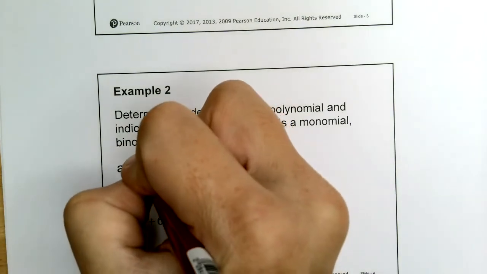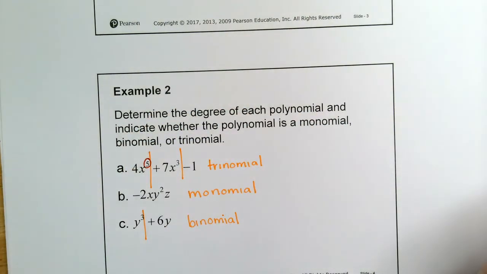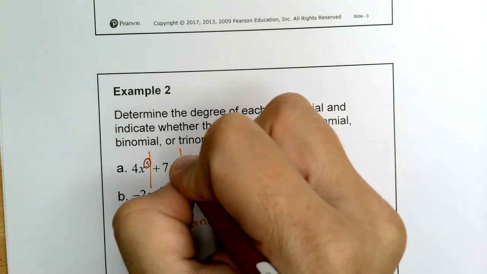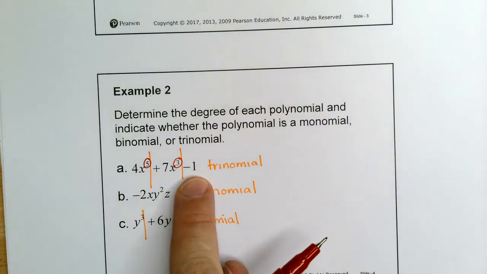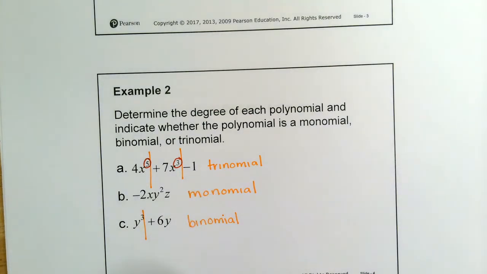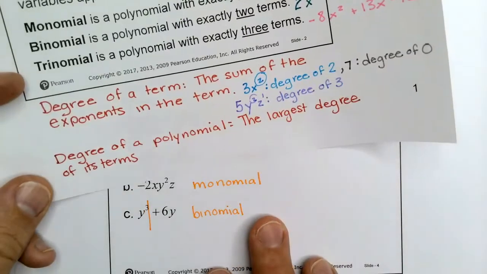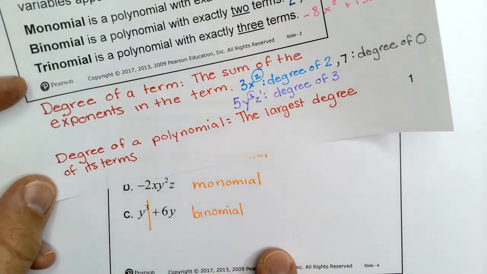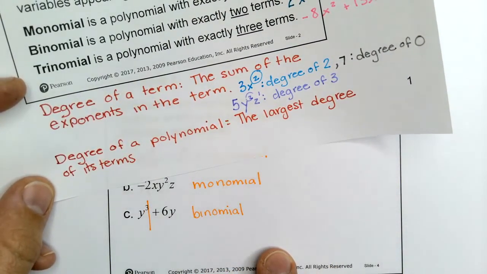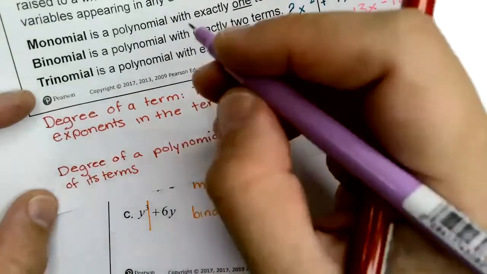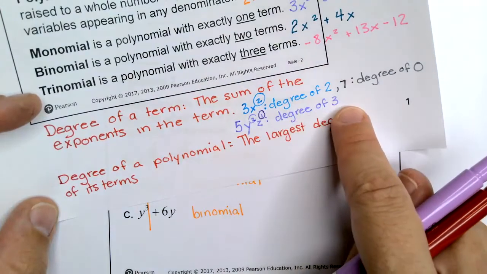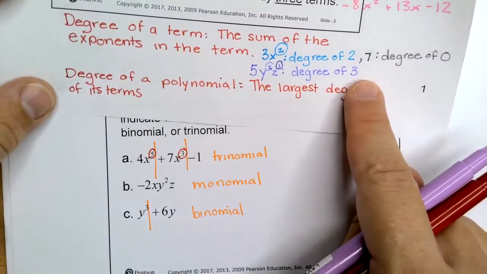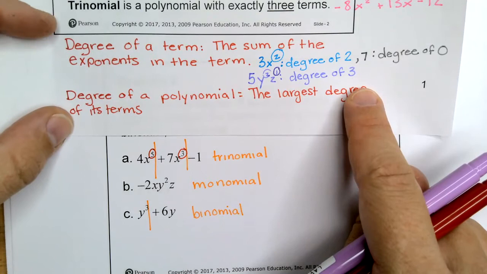So this has x to the 5th. This has x to the 3rd, and this is 0. And remember, the degree of the polynomial is the largest degree of its terms. So we look at the degrees of the terms, and whichever term has the largest degree, that is the degree of the polynomial.